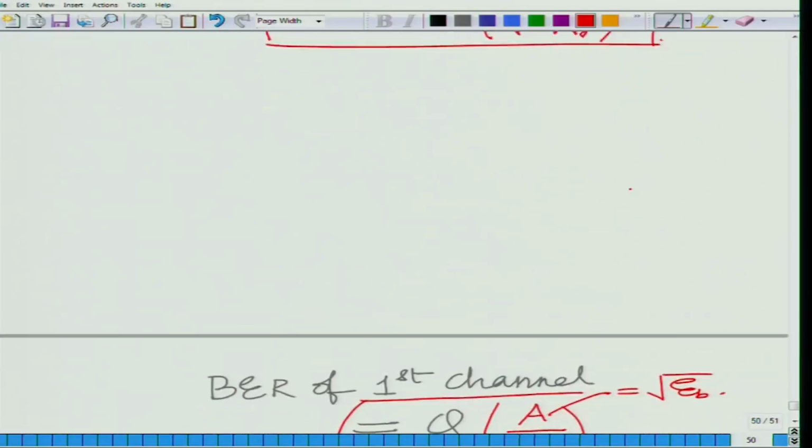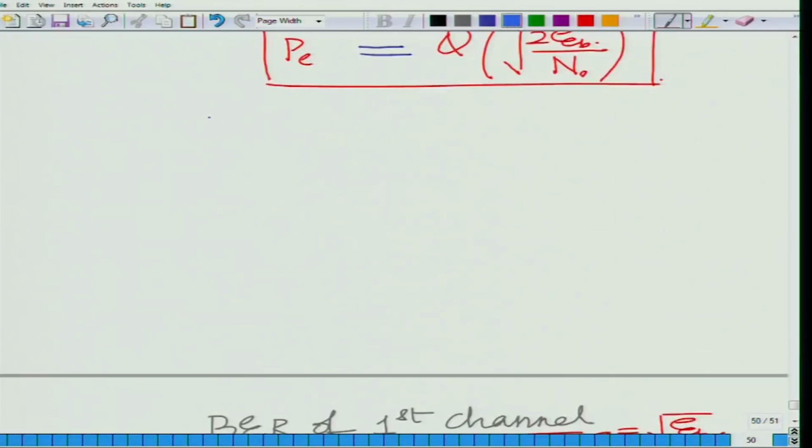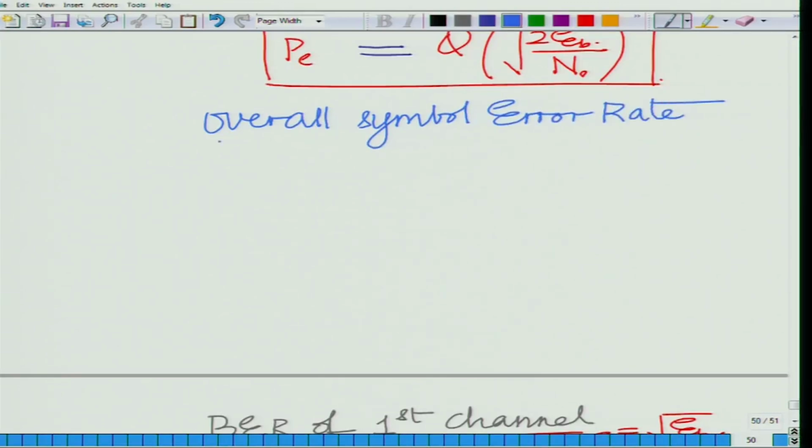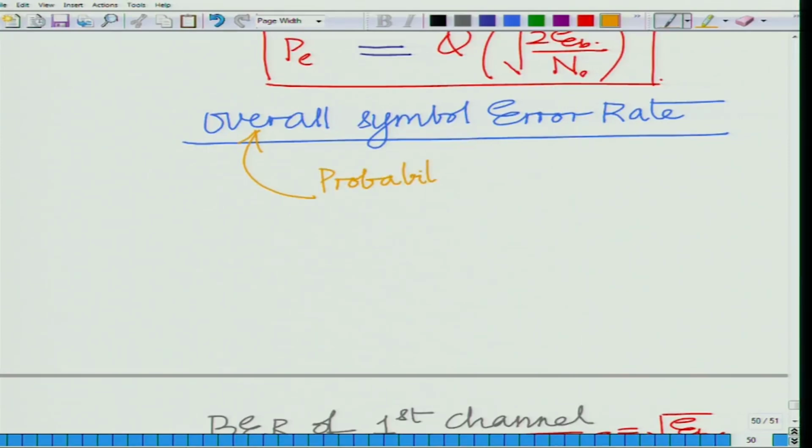Now, we come to the overall bit error rate, or let us say we come to the overall symbol error rate. That is the probability that the QPSK symbol is in error.